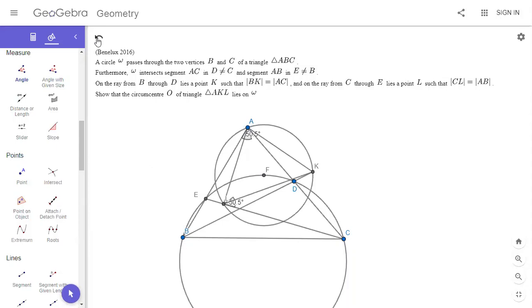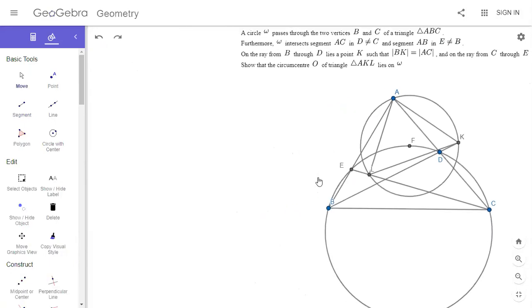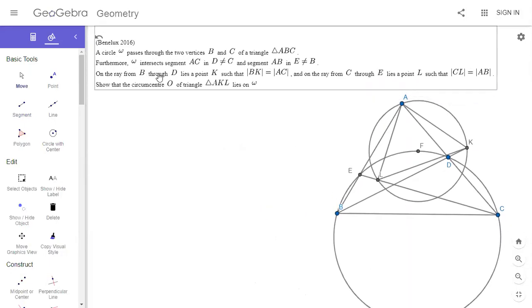So yeah, we want to show FLC is congruent to FAB. And that might just be side angle side or something. I think that solves it. Let me start typing it up.